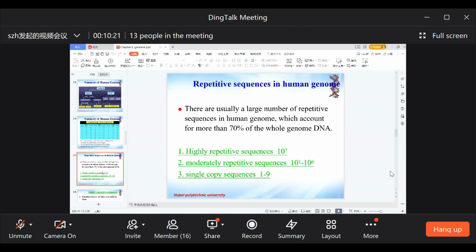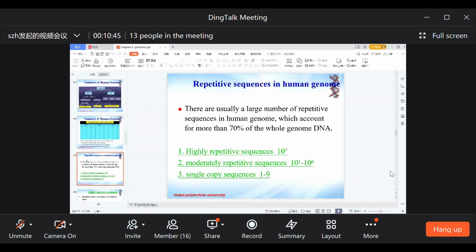And another, the moderately repetitive sequence has a frequency of 10 to the 3rd to 10 to the 6th or 7th power. This kind is the moderately repetitive sequence.